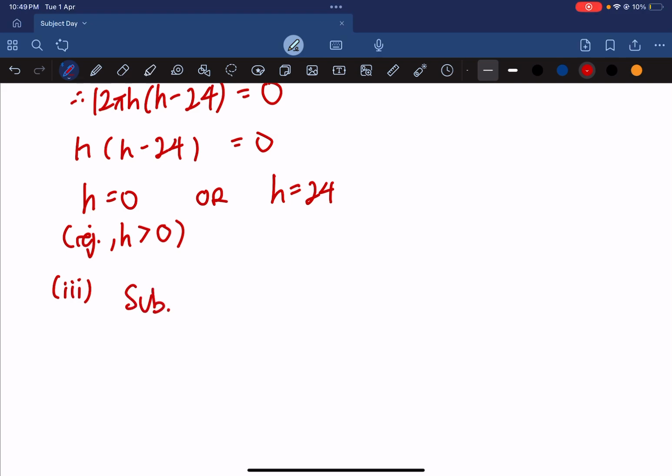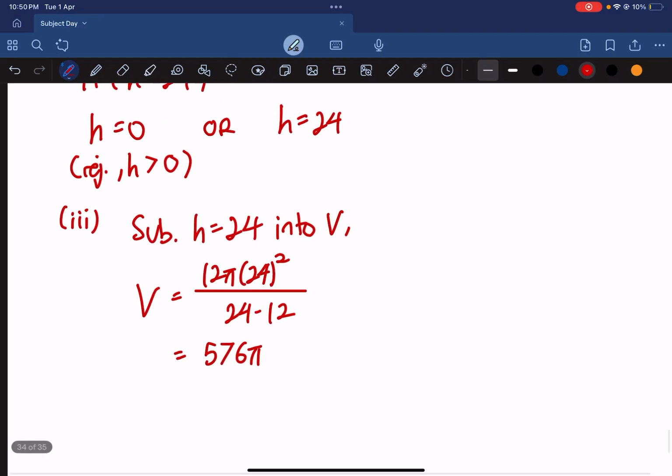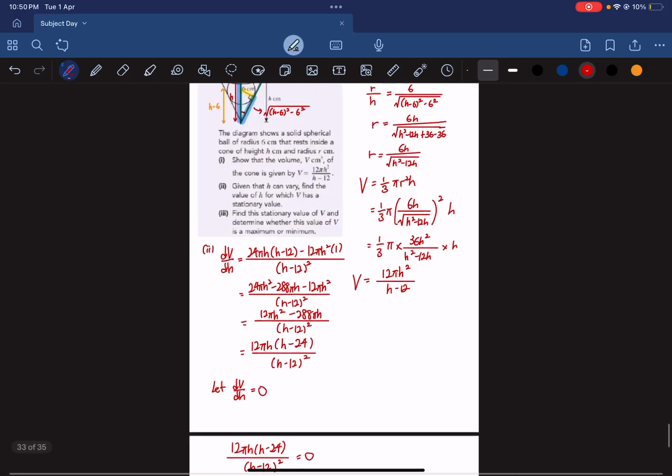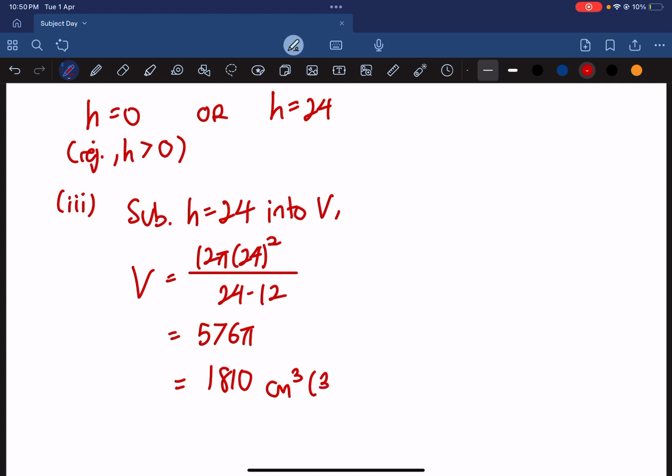Sub h equals 24 into V. My V is simply 12 pi times 24 squared, the whole thing divided by 24 minus 12. I should get my final answer, which is 576 pi. Okay, and I round off to 3 SF. This is simply 1810. What's the unit here? This is cm, so this is 1810 cm cubed, rounded off to 3 SF.